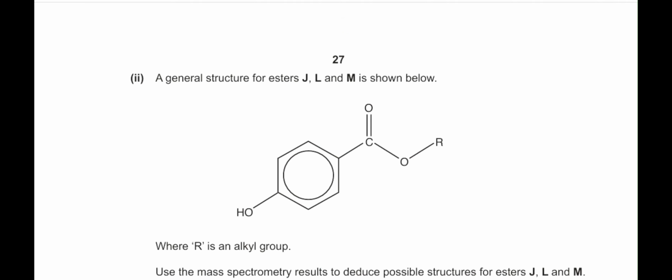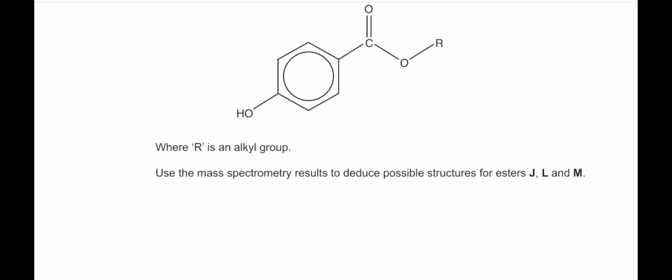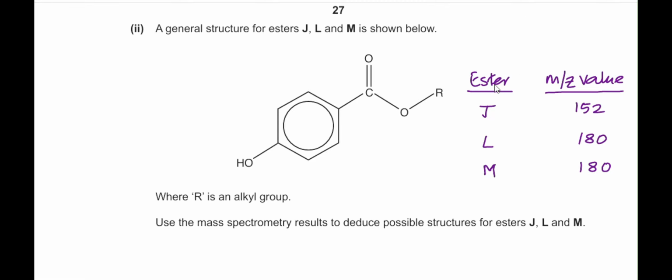Part 2. A general structure for esters J, L and M is shown below, where R is an alkyl group. Use the mass spectrometry results to deduce possible structures for esters J, L and M. So for some reason they do not want us to write the structure for ester K. I have captured here the names of the esters and the respective MZ value that's given earlier in the question.